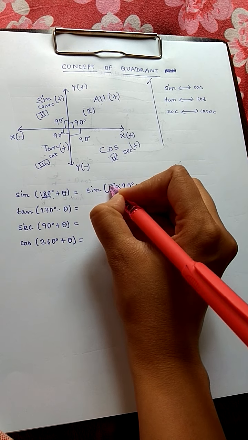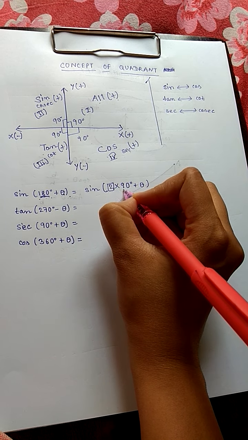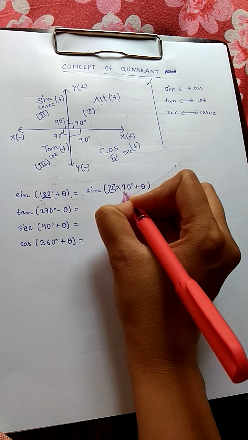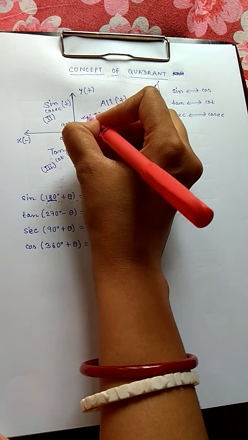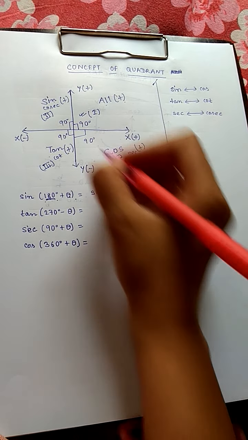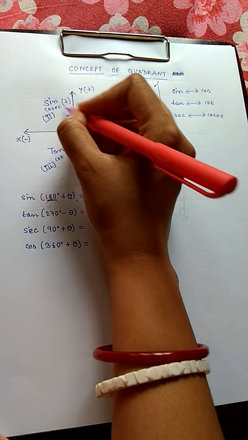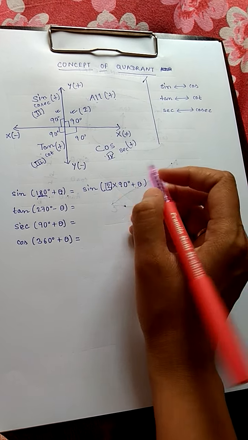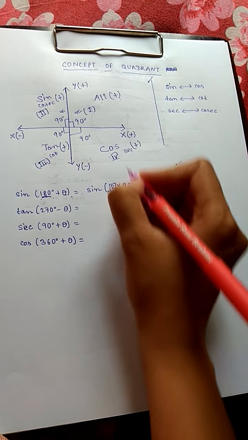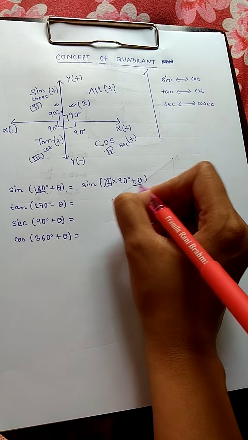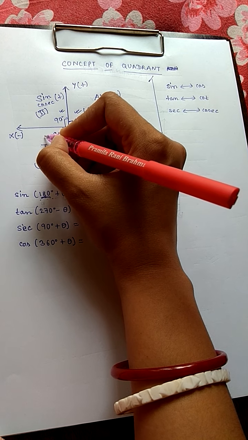2 into 90 means two quadrants of 90 degrees, and plus theta means it will come in the third quadrant.